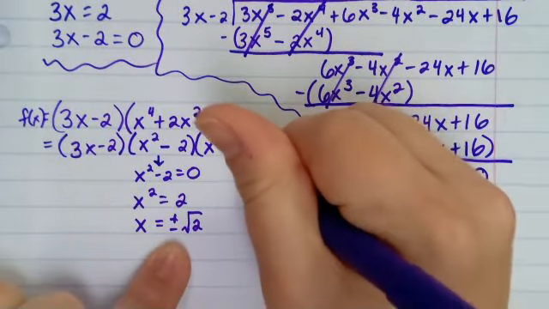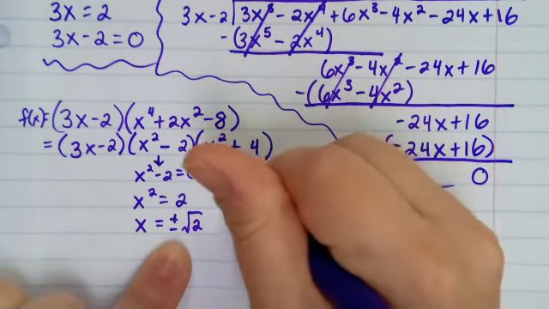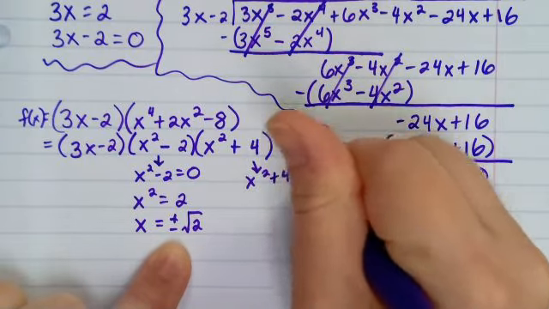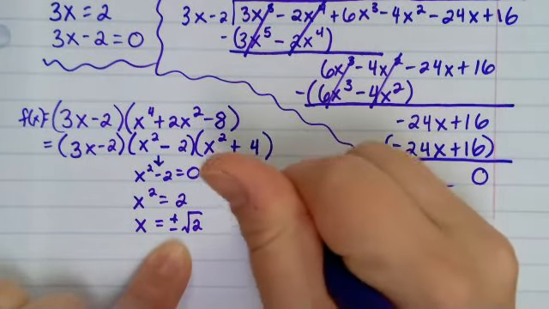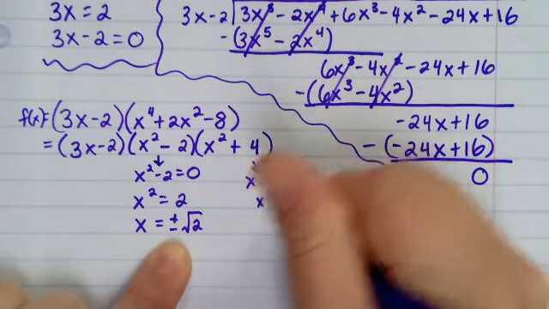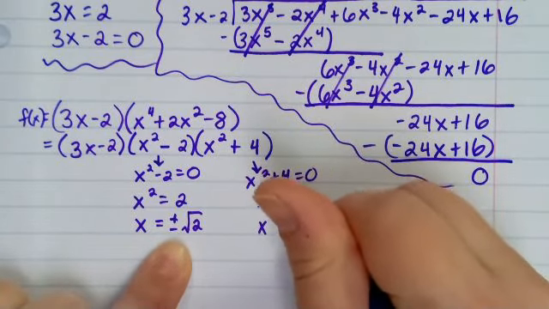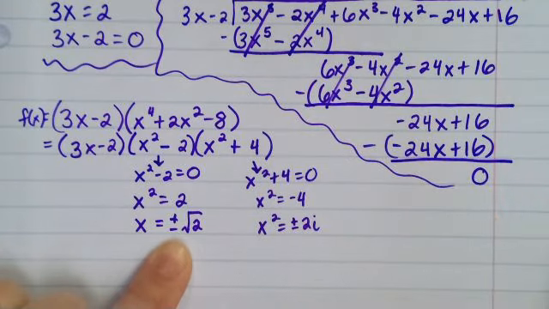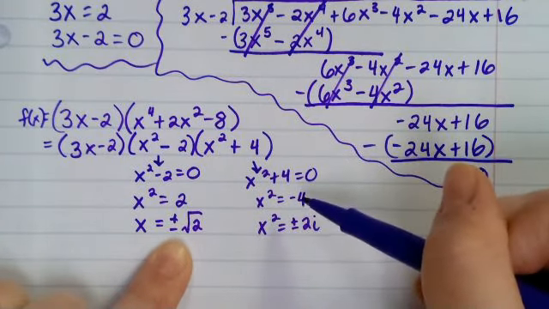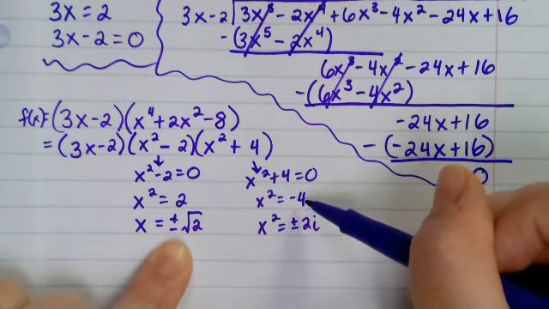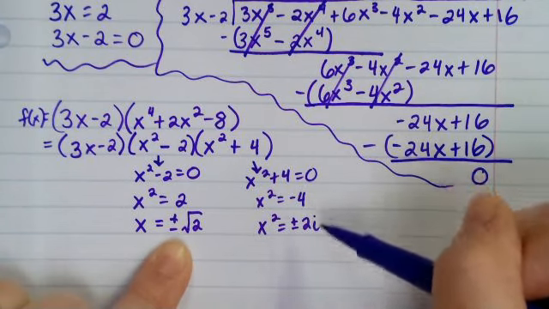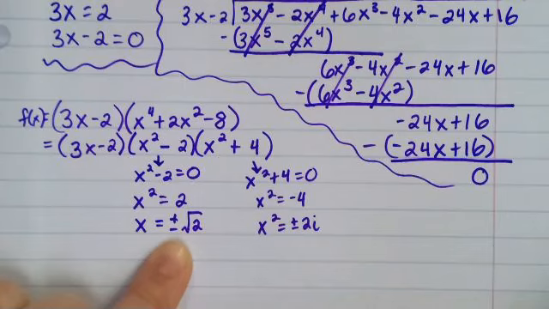Okay, now this one, if I take x squared plus 4 and solve that for 0, x squared equals -4, so x equals plus or minus 2i, because the square root of 4 is 2, but the square root of a negative results in imaginary, okay?